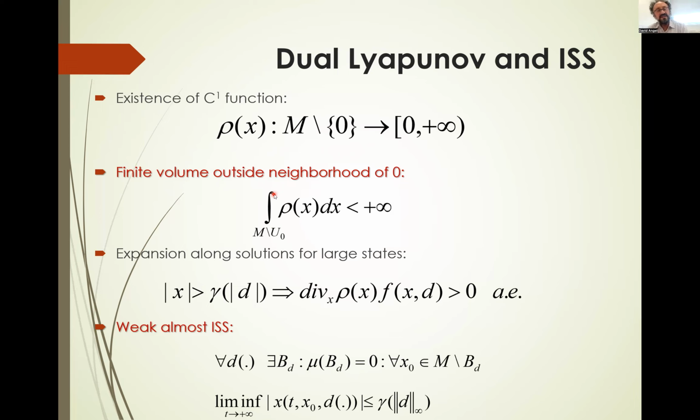So it turns out that this forces everything towards the region where the state is less than gamma of d somehow. However, it does so in the sense of the lim inf rather than the lim sup. There is no invariance embedded in this technique, so once you get there, you might get out of it. And so you can only prove a lim inf condition.